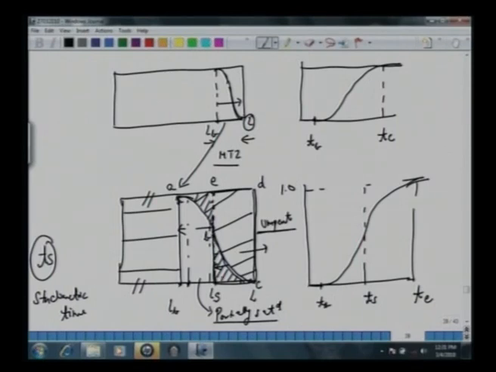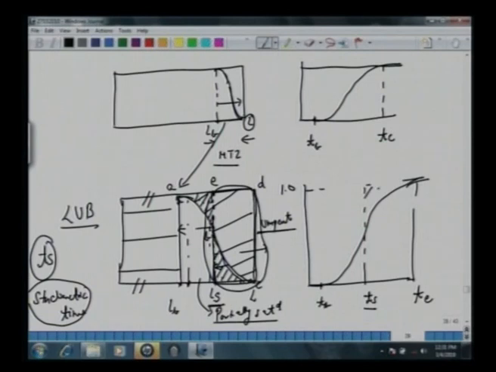Now since this area is the same as this area, I can say that the entire E, D, C, Ls, B is the area which is unused, and that we will call LUB here. So we have defined a length Ls so that this area is the same as this, and we call the equivalent time on this exit profile Ts, the stoichiometric time.